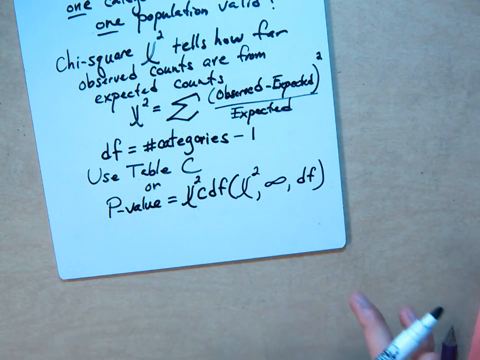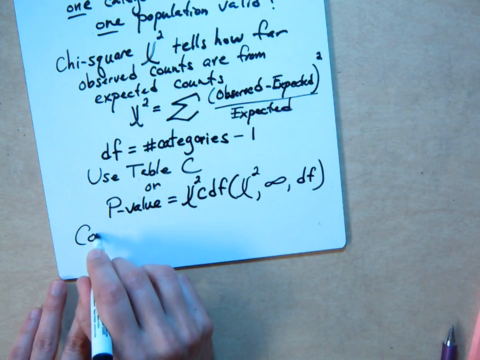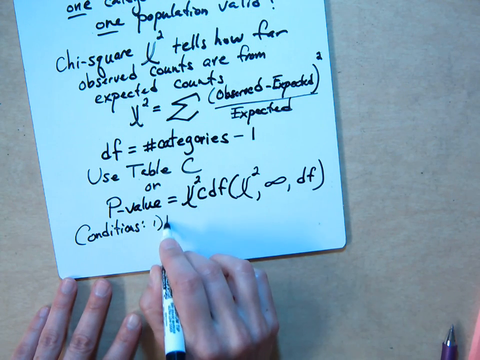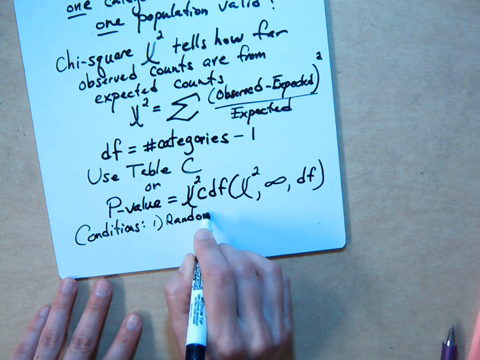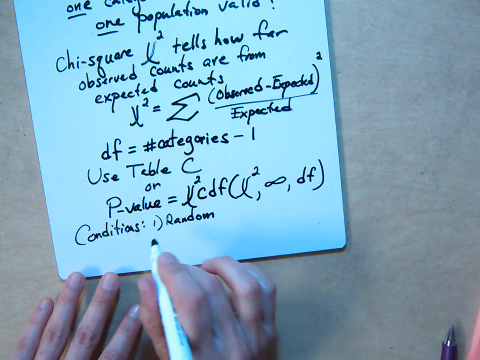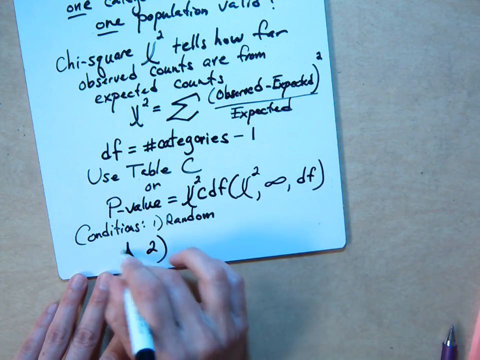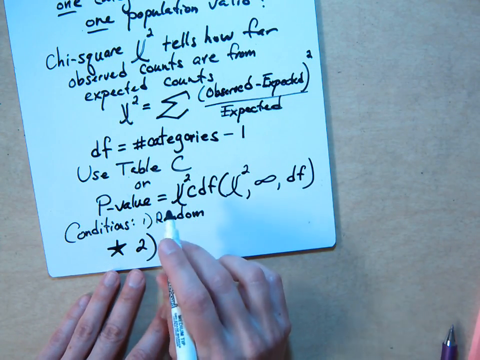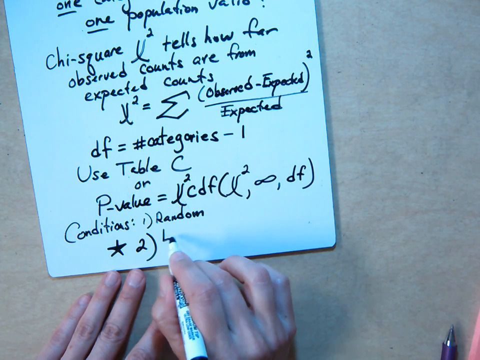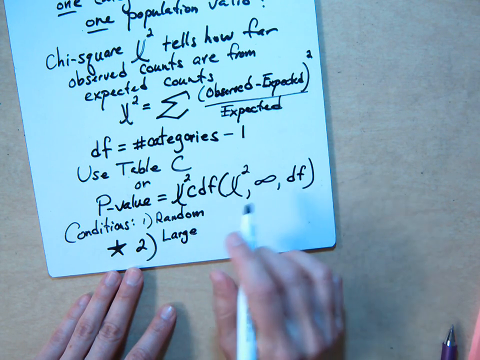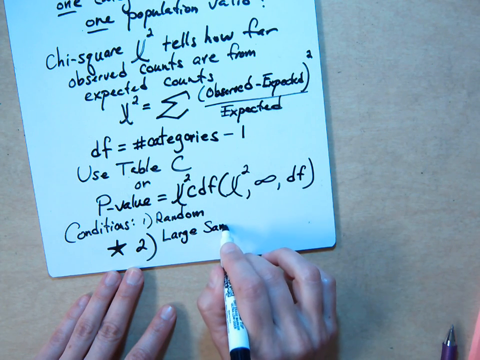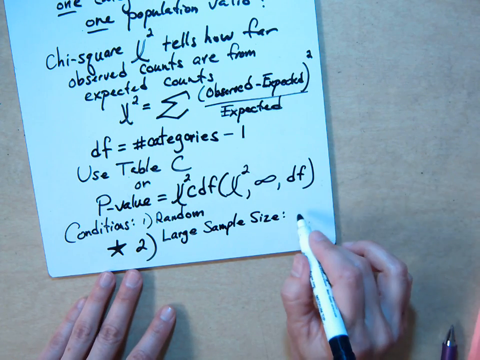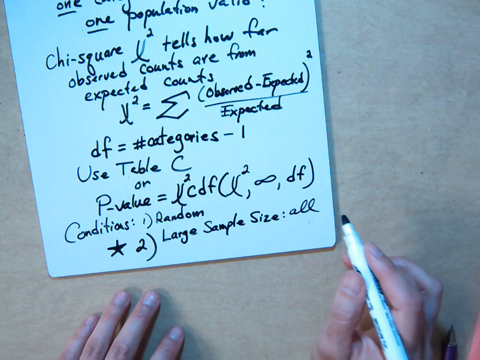And then the conditions are slightly different. The conditions to perform this test are, number 1 is the same, random. Your data has to come from a random sample. But 2 is really different, so I'll put a star by it. Instead of the normal condition, what you're going to check for is a large enough sample size. It means that all the expected counts have to be at least 5.